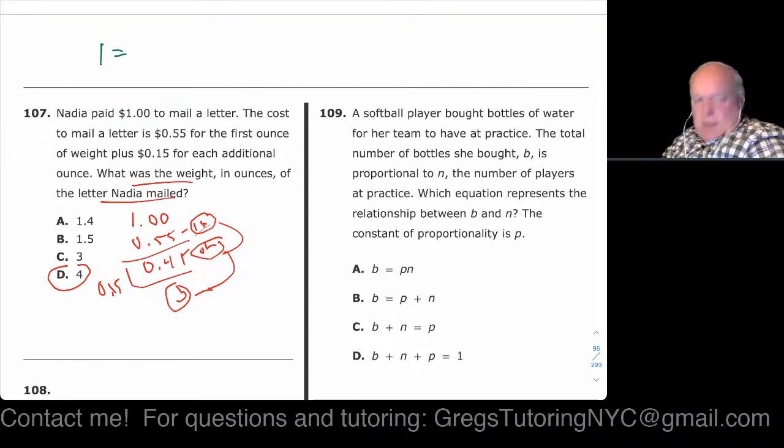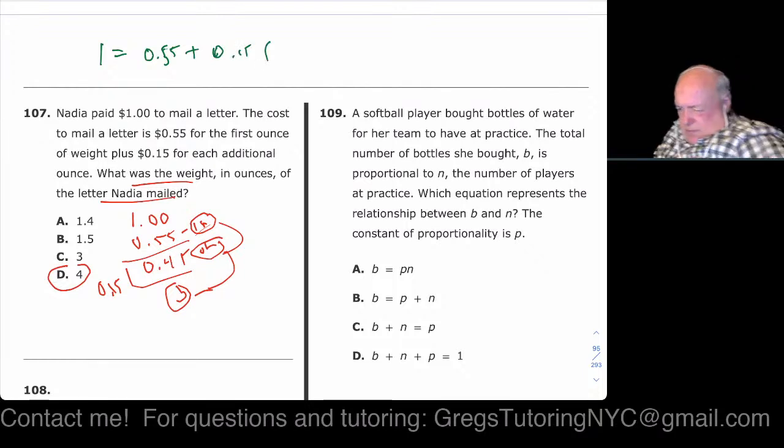It would have been 55 cents for the first ounce plus 15 cents times the number of ounces minus 1.